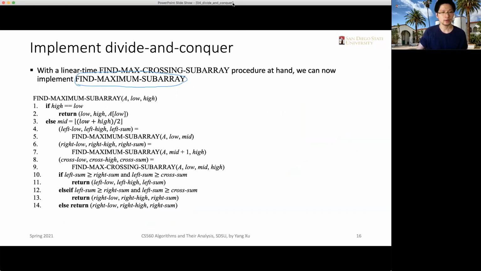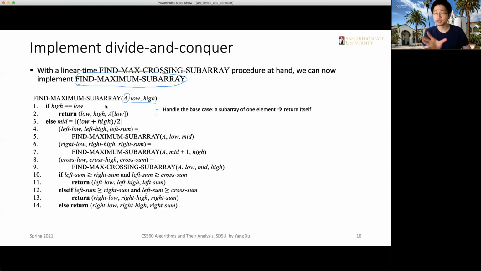It takes the inputs A with low and high. If we look at the first two lines of code, it basically handles the base case, because when the input has only one element, which means the low index equals the high index, we simply return it.